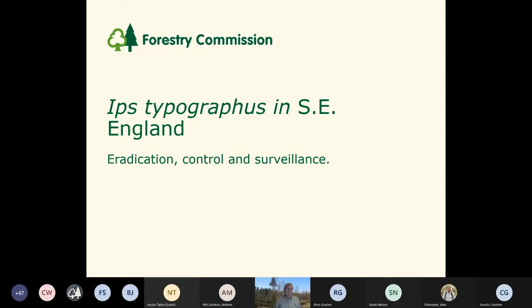I've also more recently got involved in some of the outbreak management work, which brings us to Ips typographus. I'm going to try and give an overview of a bit of background to the pest, the control, and touch on surveillance and the eradication work we've been dealing with for the last couple of years.